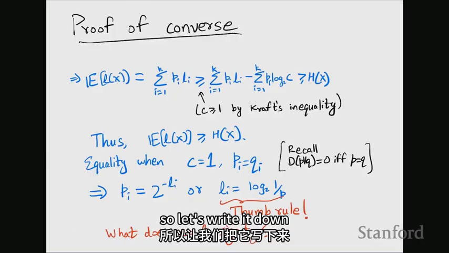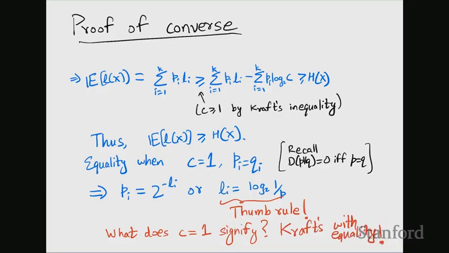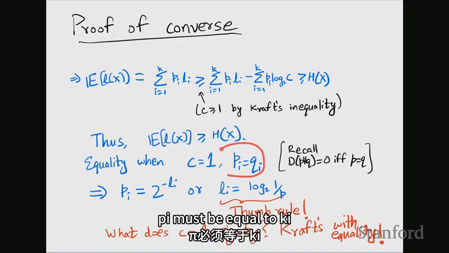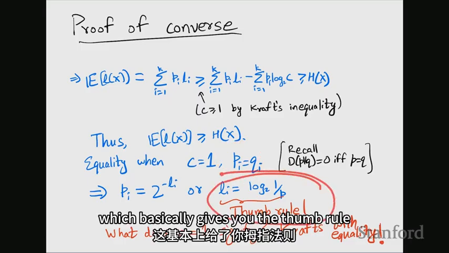So let's write it down. Kraft's with equality. And the second thing you get out of this is that pi must be equal to qi, which basically gives you the thumb rule.